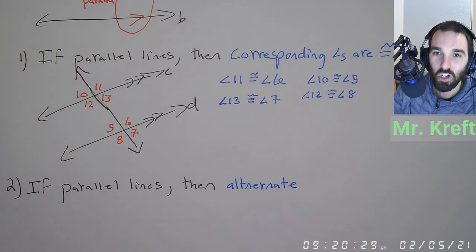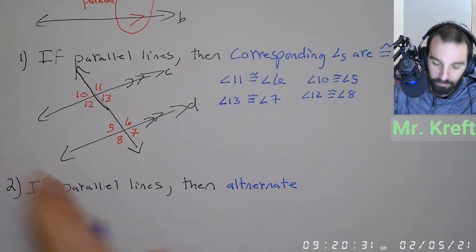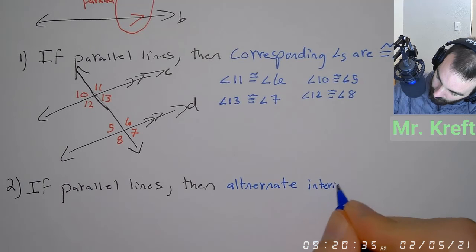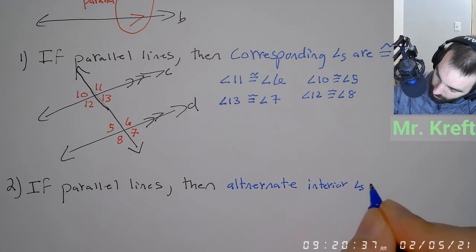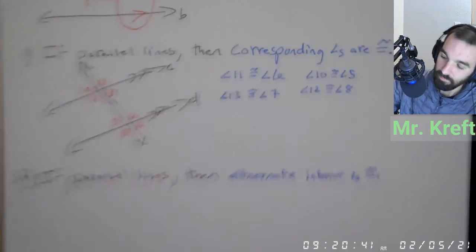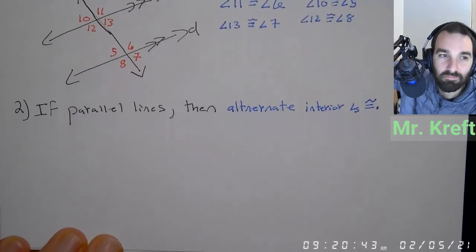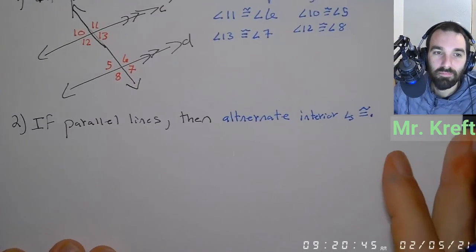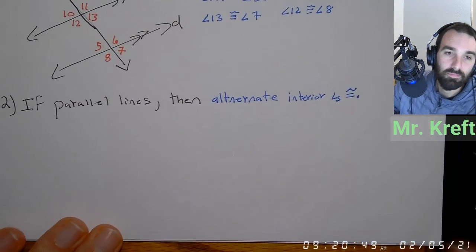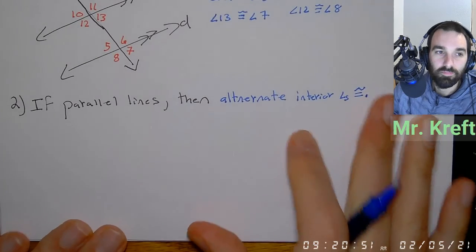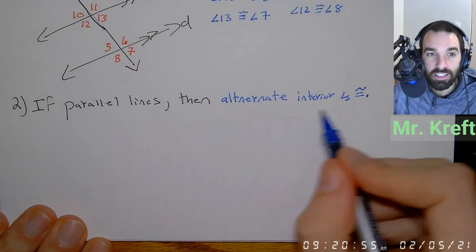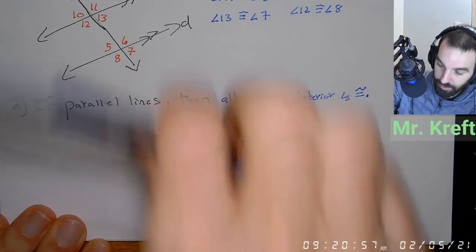It's not alternative rock, it's alternate. Alternate interior angles are congruent. Okay, if parallel lines, then alternate interior angles are congruent.